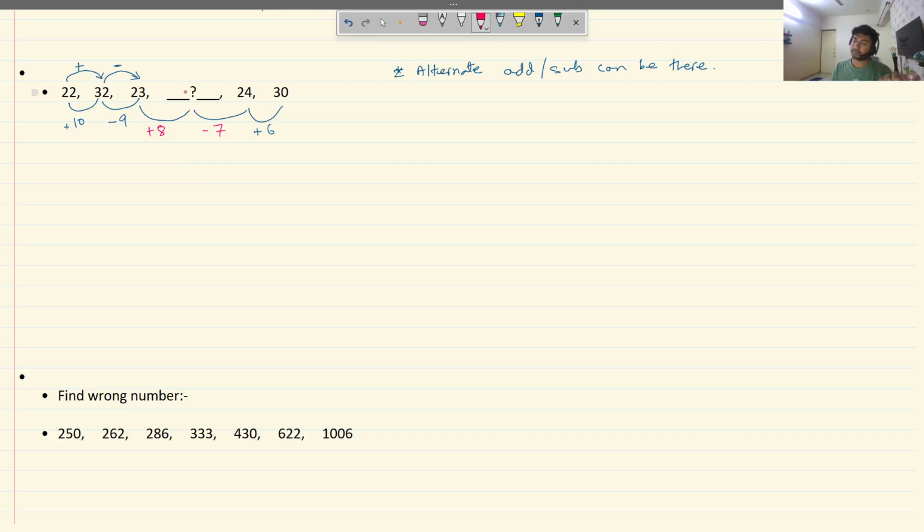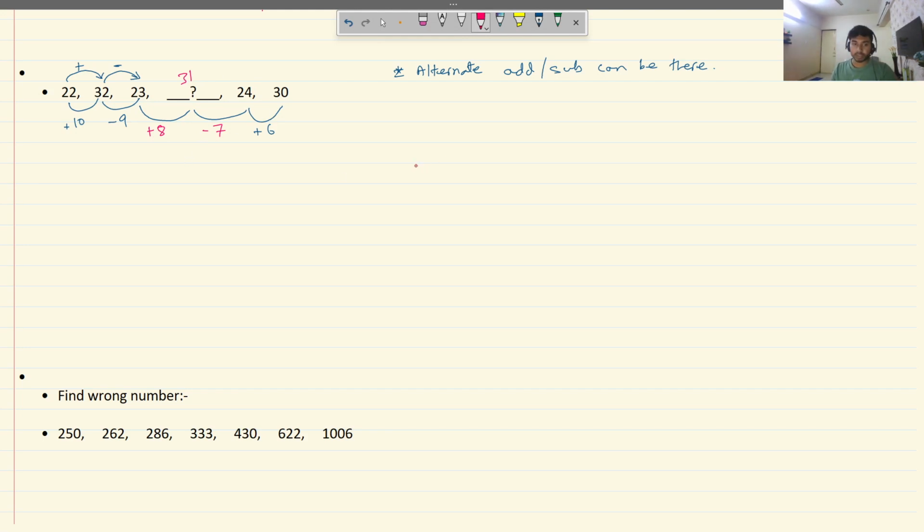Let's see if this works. If 23 plus 8 will get a number, and that number minus 7, if that really gives me 24, that means my logic is correct. So 23 plus 8 is 31. 31 minus 7 indeed gives me 24. That means my logic is correct.